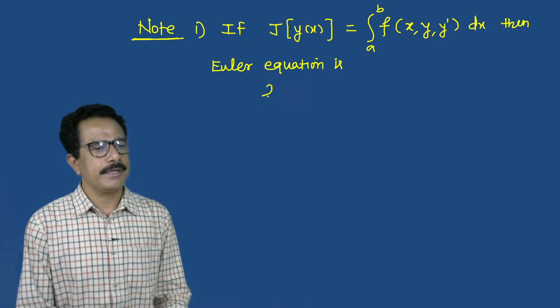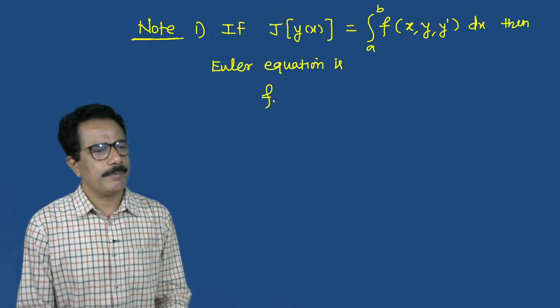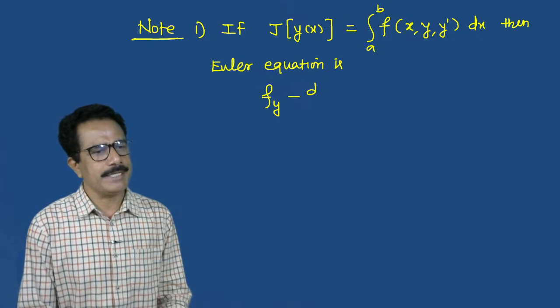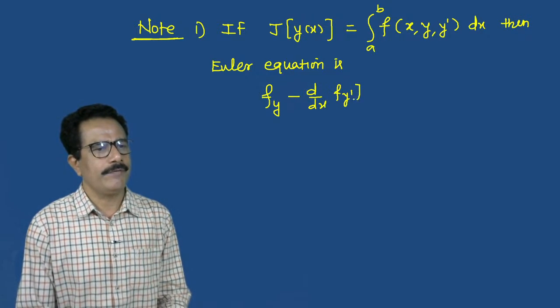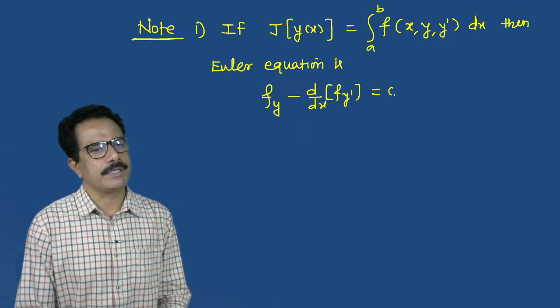काय येतं रे सांगा बर, f y minus d by dx of f y dash which is equals to 0.